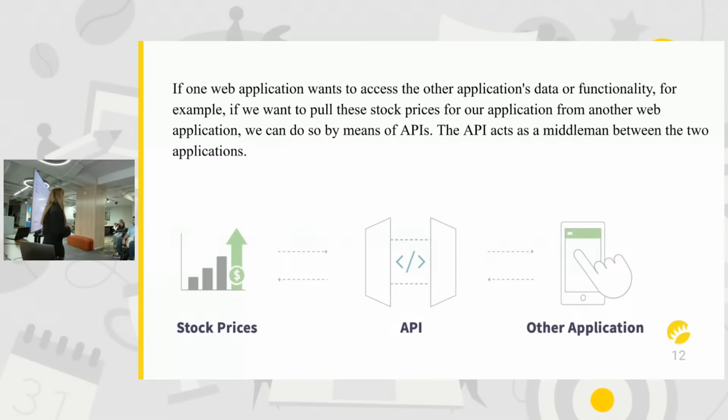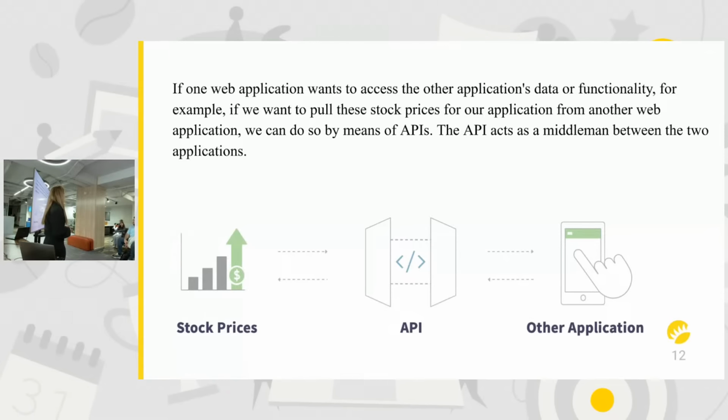Also, there are API types. I'm not going to deep dive into API types. There are several API types: open, public, internal, composite, etc. So there are also open APIs. Let's say you're working on a banking application and you have a requirement that you want your customers to view stock prices in the bank application.